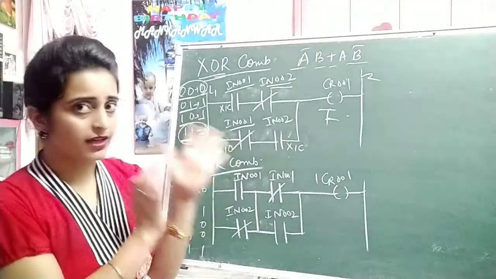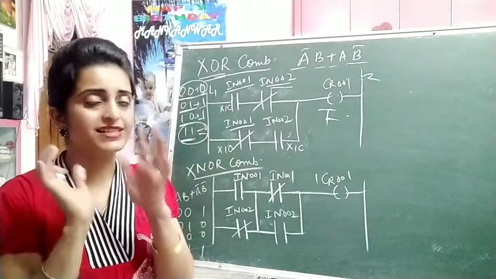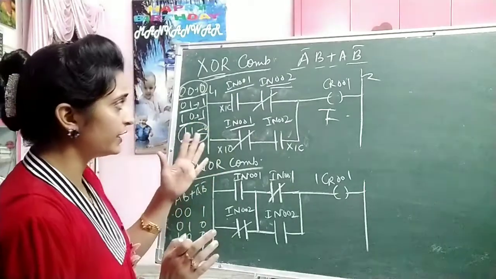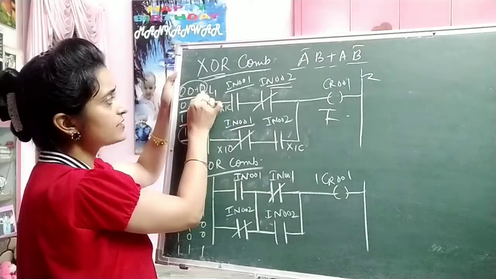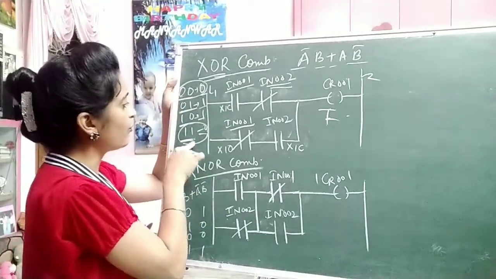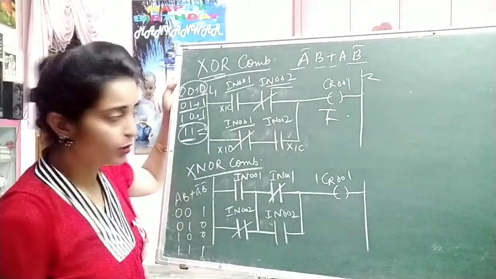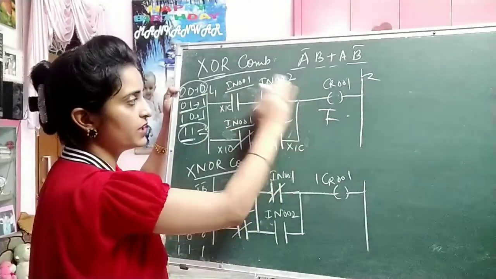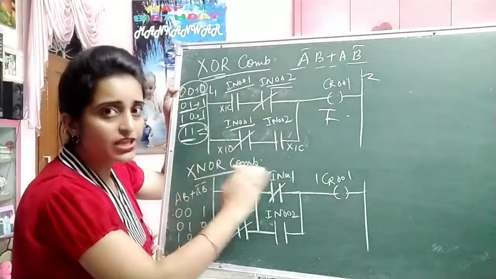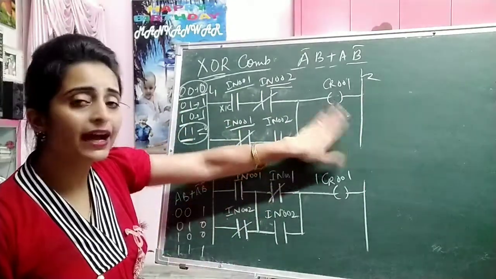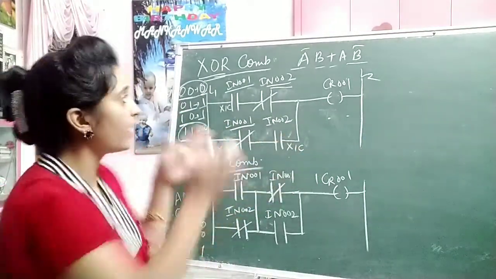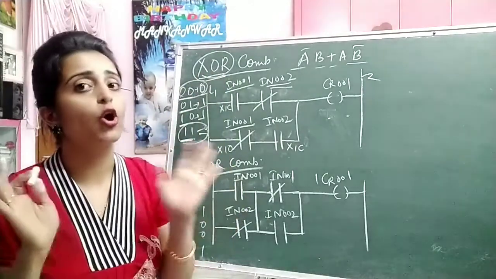So let's concentrate once again. I will tell you again. See, 0 0 means 0, and 1 1 also means 0. So we have made a combination of the inputs such that it will act like the XOR operation.